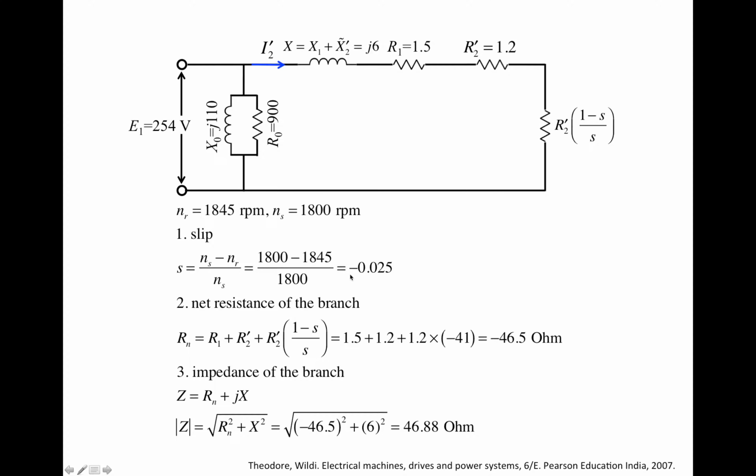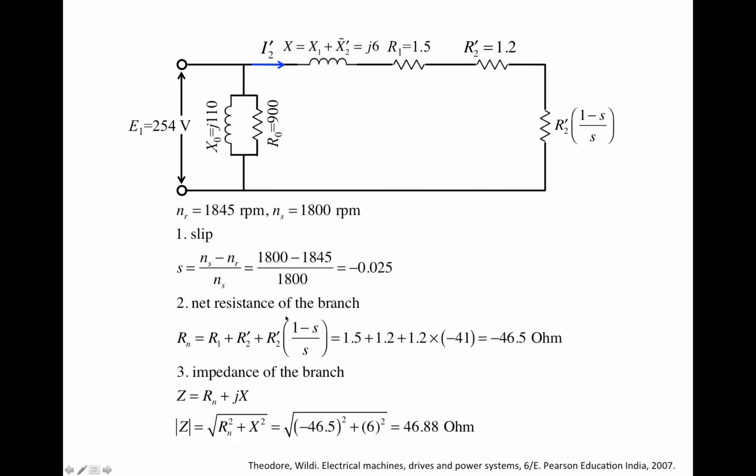Then the second step is what? The second step is to obtain the net resistance of this entire branch. Starting from here, it goes along, passing this fictitious resistor, and then goes back here. We want to get the net resistance of this particular branch, which is quite easy. All we have to do is add up the resistances as we see them, right?